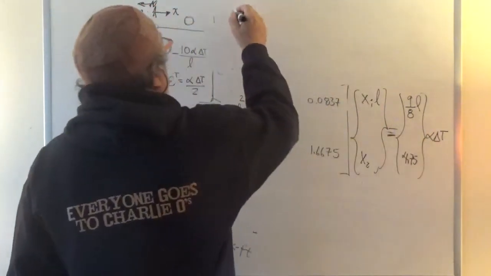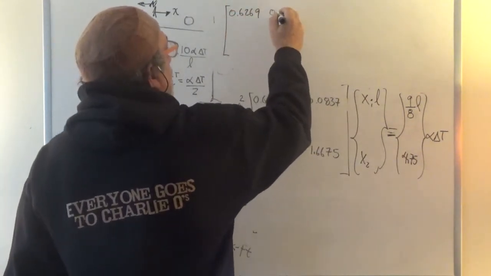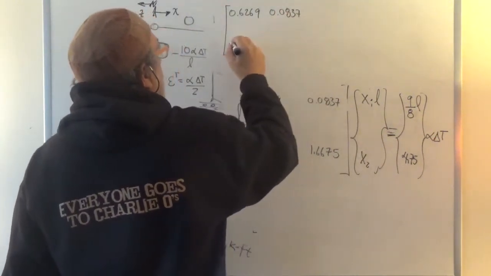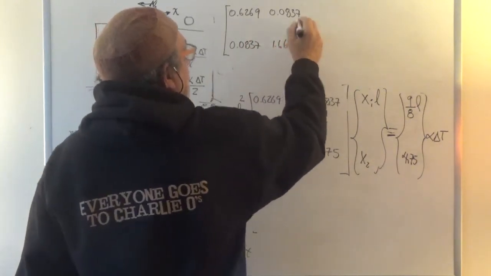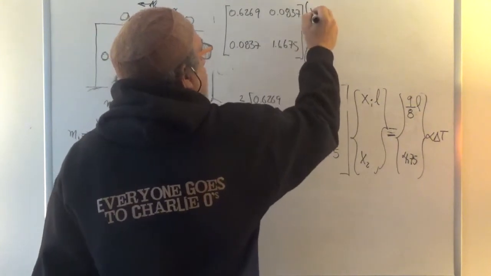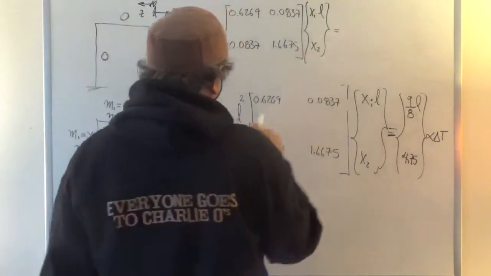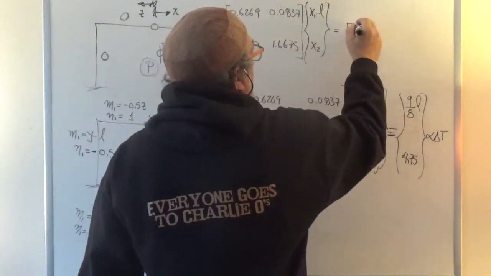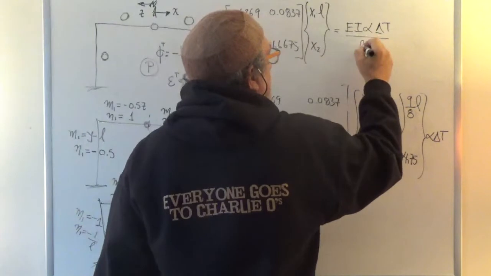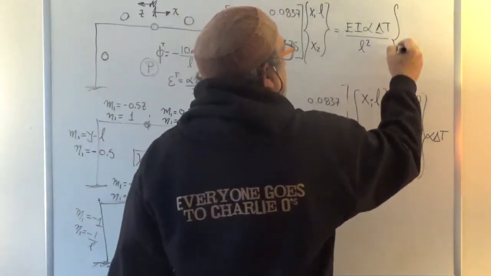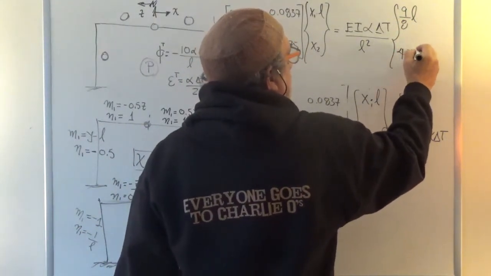And so that means that I have 0.6269, 0.0837, 0.0837, 1.6675, multiplied times x1 times L and x2, right, equals EI times alpha times delta t divided by L squared, multiplied times 9/8 L and 4.75.